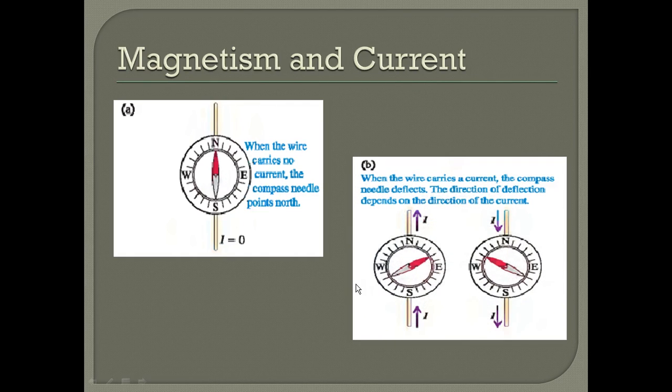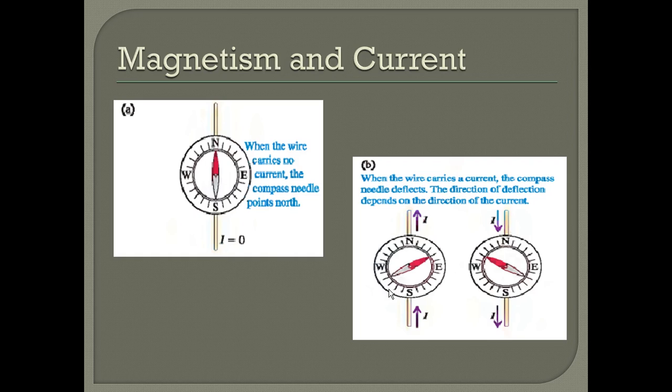Okay, so just like what we see here in this diagram, when the wire carries no current, the compass needle virtually points towards the north geographic pole of the Earth. While if there is current flowing through the current carrying conductor, the compass needle would orient itself towards the direction of the established magnetic field due to the magnetism of the current carrying conductor.